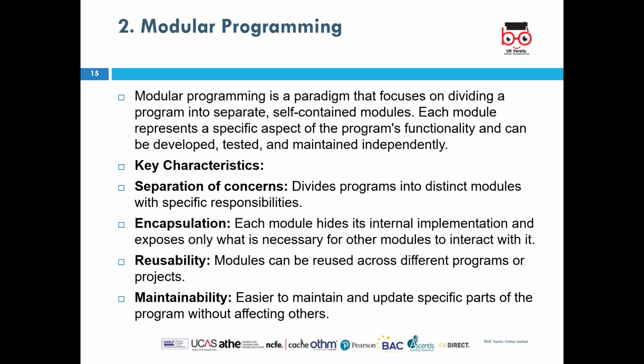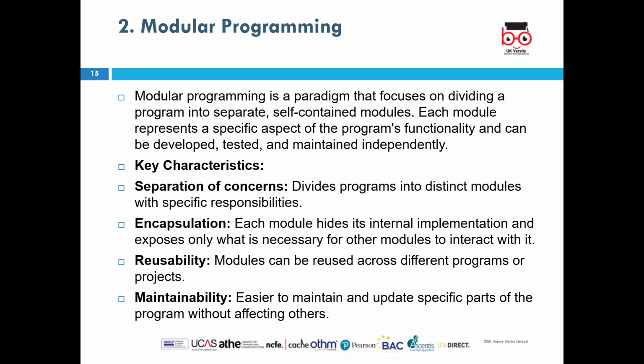So what are the characteristics of modular programming? We're going to look into separation of concerns. So we divide programs into distinct modules with specific responsibilities. Encapsulation. With encapsulation, each module hides its internal implementation and exposes only what is necessary. Reusability.